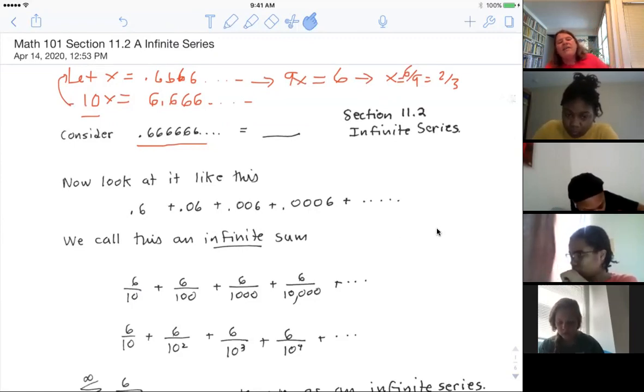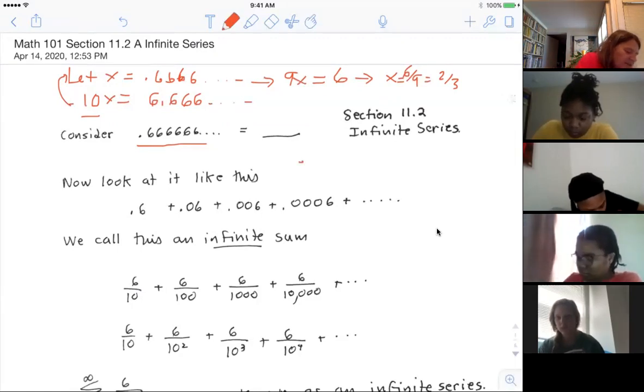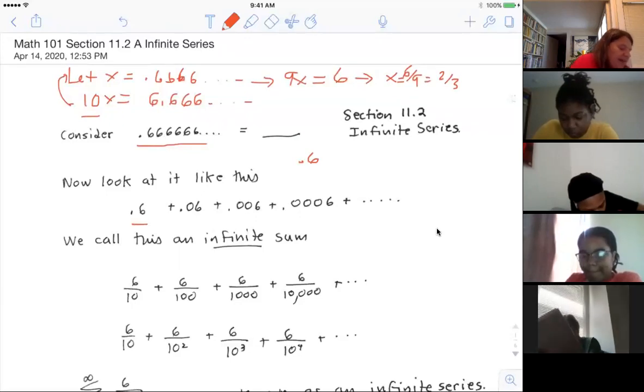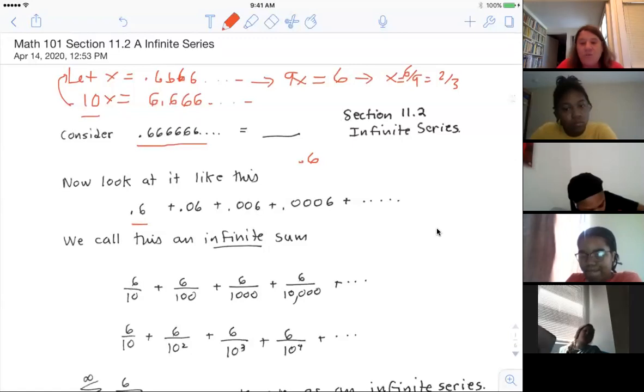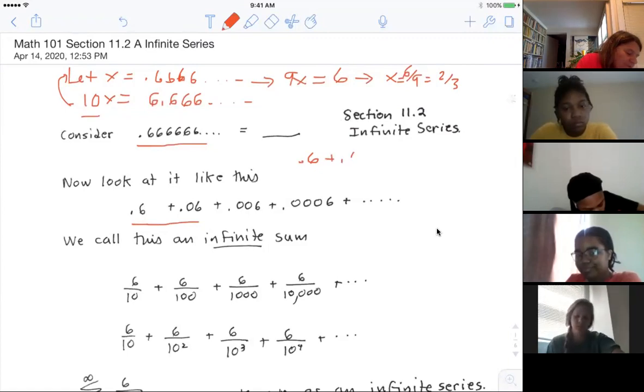We call that an infinite sum, guys. And if I look at just the first piece here, 0.6, that's 3/5. Not 2/3, it's 3/5. If I look at the next two together, plus 0.06, that's 0.66, and that's not 3/5, that's closer to 2/3.